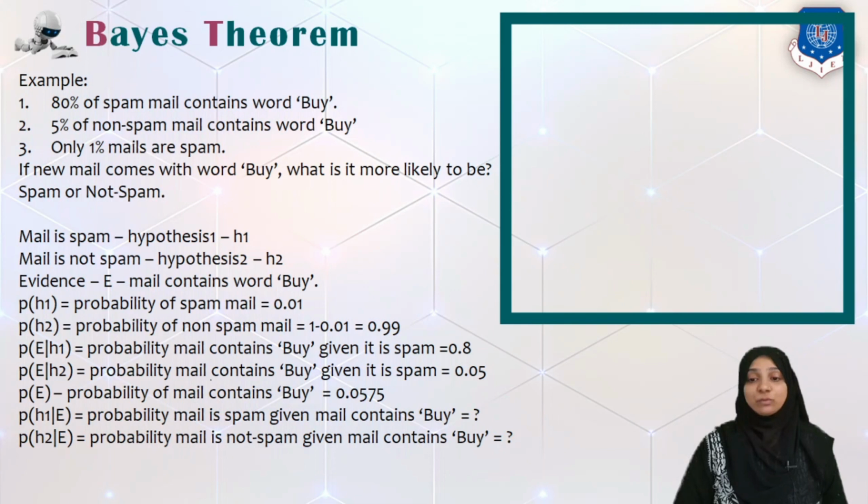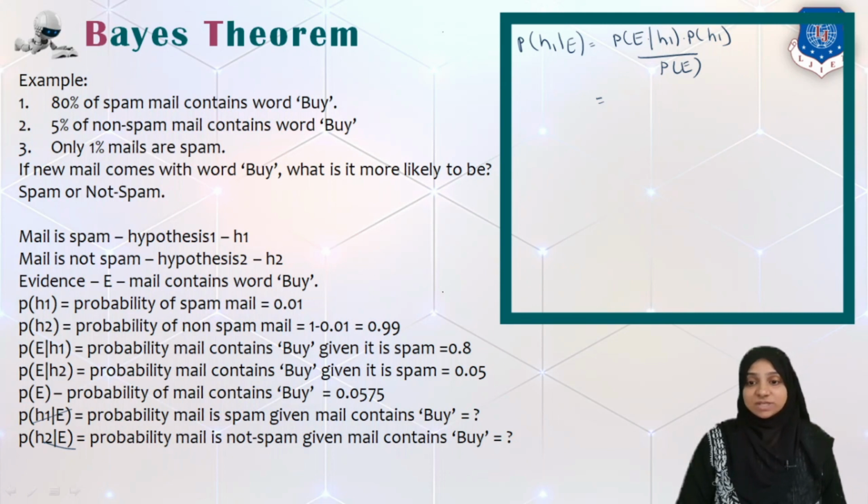So we have two different posteriors: the first is H1 given E and the second is H2 given E. Let us first calculate the probability of H1 given E. Using Bayes theorem, the probability of H1 given E is the probability of E given H1 into the probability of H1, divided by the probability of E.